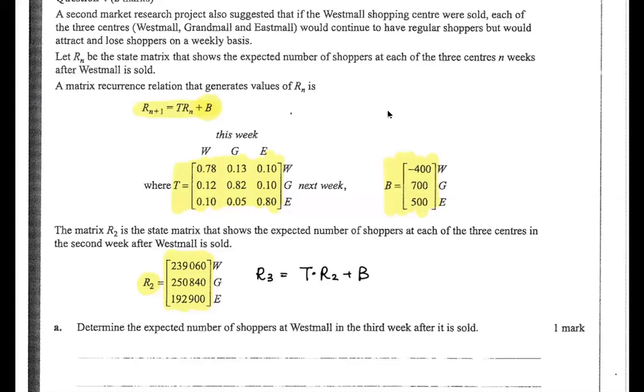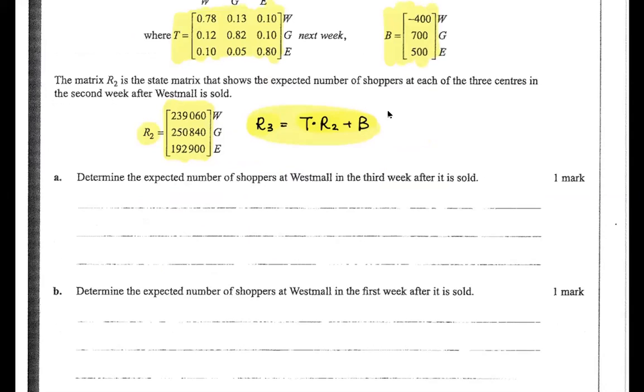Right, to not get you confused, what I'm doing on my calculator is just typing in the matrices and the calculations to calculate R3. R3 is equal to 237,966, 254,366, and 191,268.